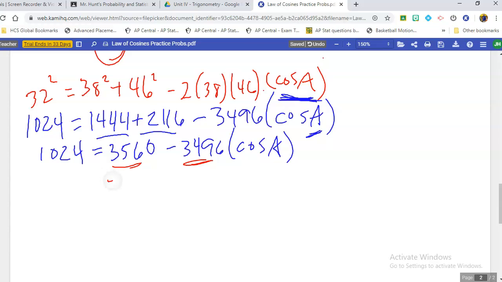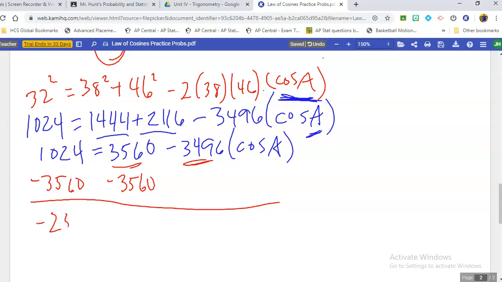You should be subtracting 3560 from both sides of the equation. And that is going to be what we do next. That's going to give me negative 2536 is equal to negative 3496 times the cosine of A. And again, we're trying to get cosine of A by itself.